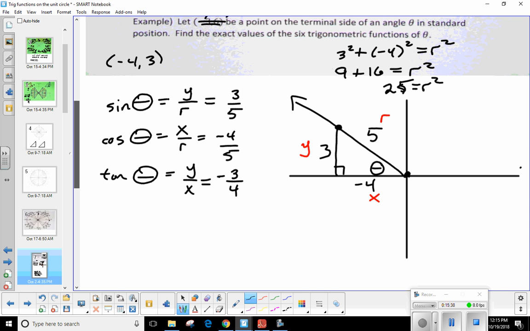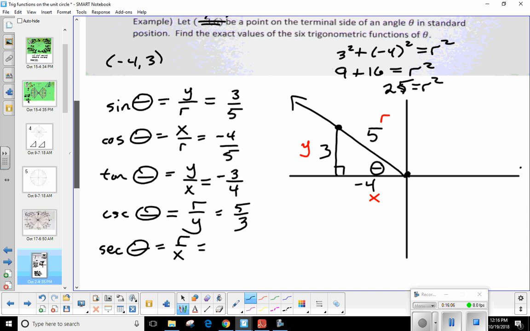Okay. All right. Well, let's go ahead and find the rest of them, starting with cosecant. Now, cosecant was r over y. So I can either look at the diagram or just take the reciprocal of sine. Either way, I'm going to get 5/3. Then secant of theta, well, that would be r over x, which would be what?